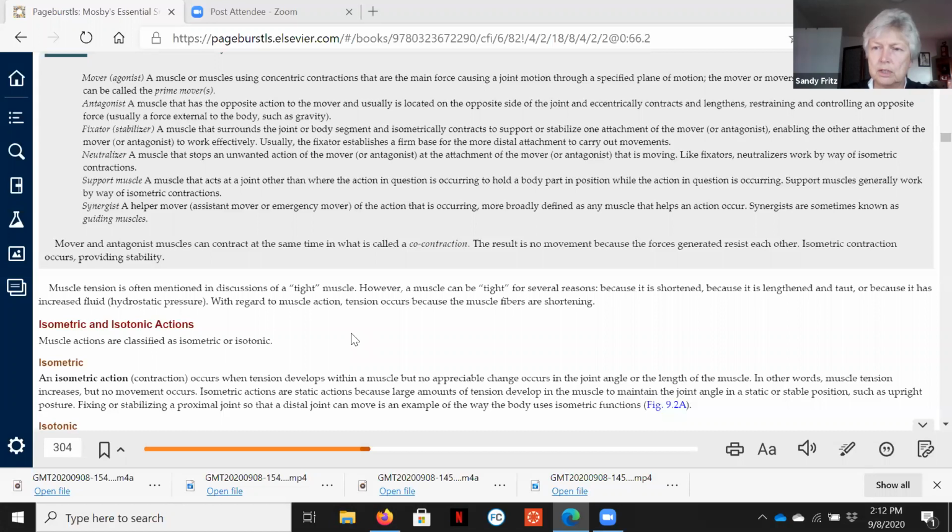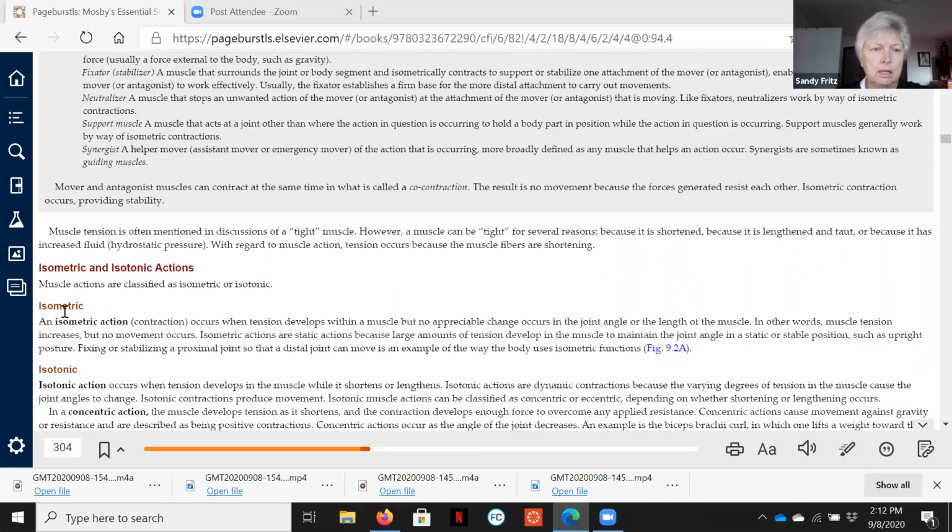The tone is going to increase, but it's not actually going to be doing pulling or pushing. The isometric contraction occurs.